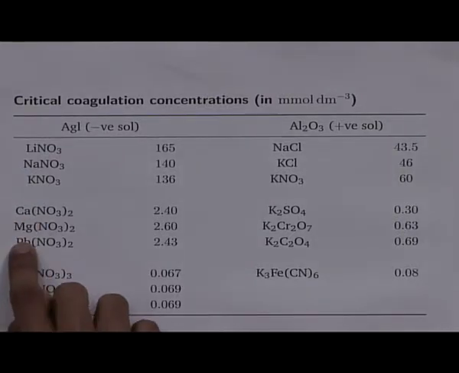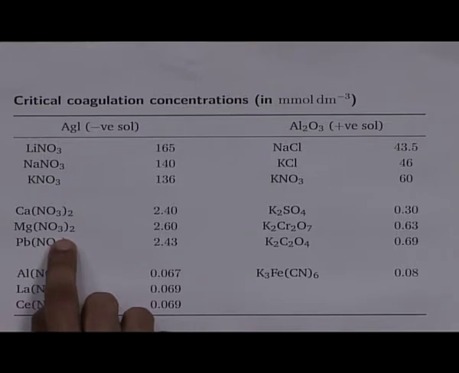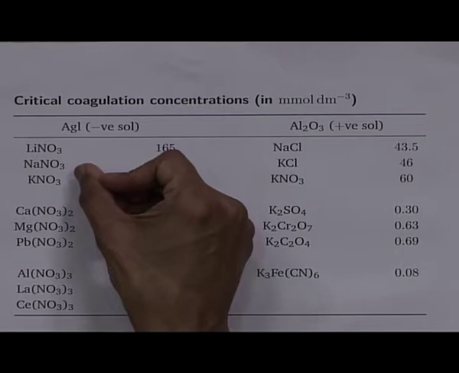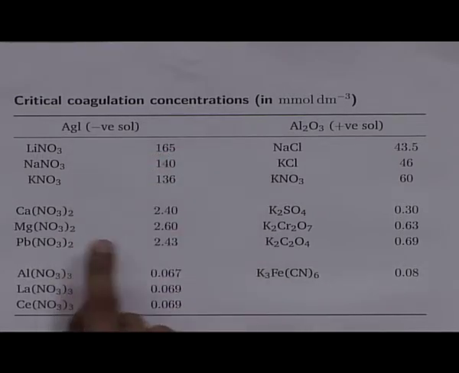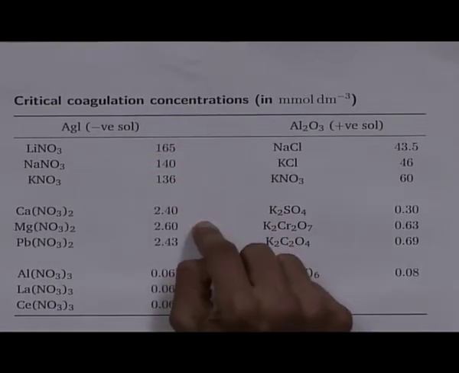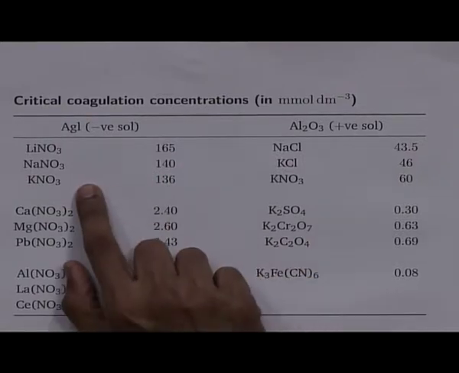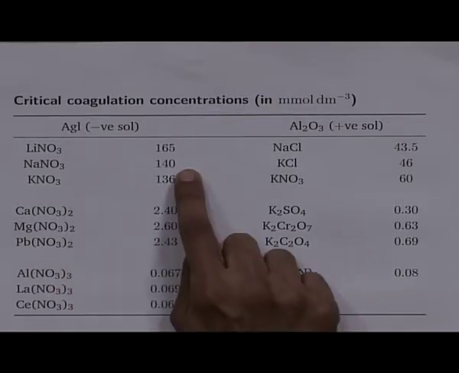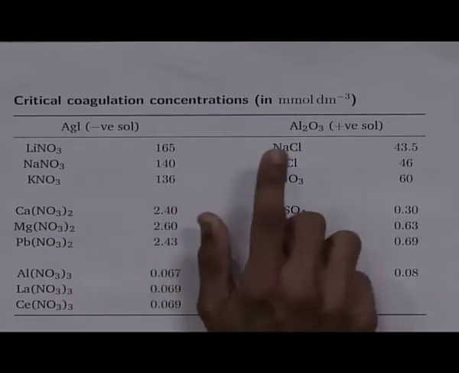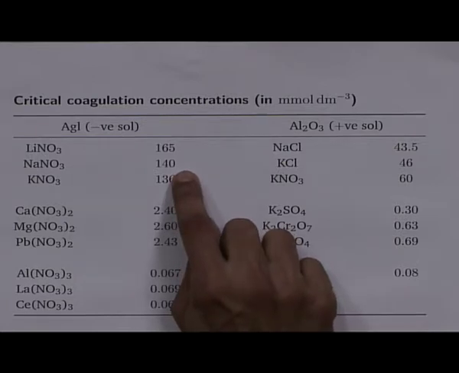In this case, I have a positively charged metal species and a monocharged anionic species, and as you go from here to here, pay careful attention to this. Look at the amount of the electrolyte required when you have singly charged species. This is of the order of 150 millimoles per decimeter cube.